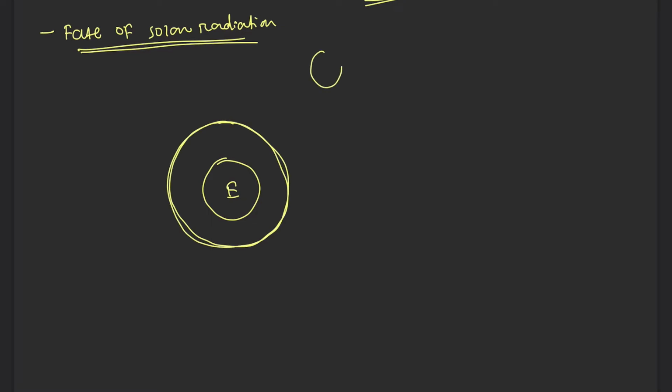Then this is the sun. So if 100% radiation is coming from the sun and 100% is incident on the upper atmosphere, then what happens to this radiation? That is called the fate of solar radiation.